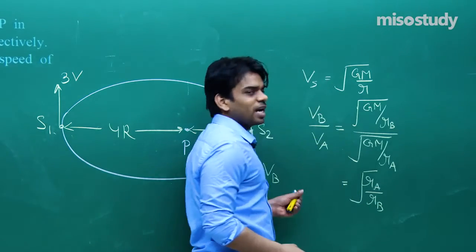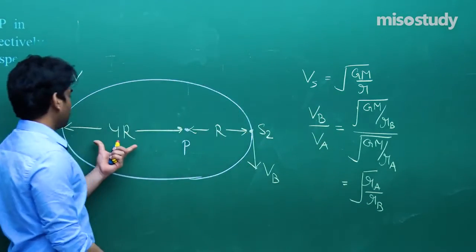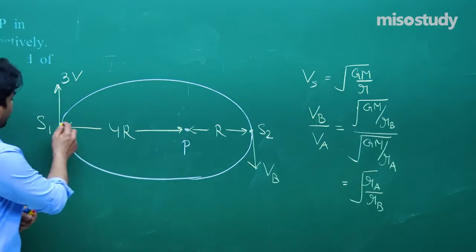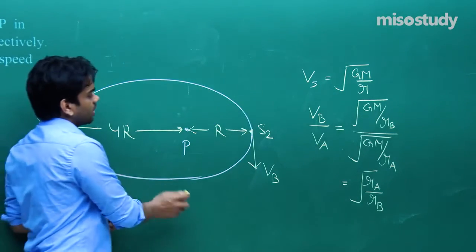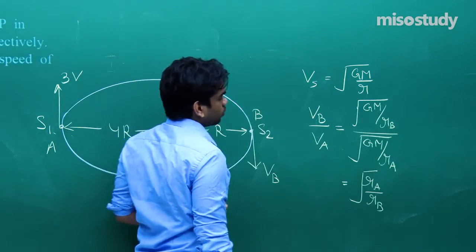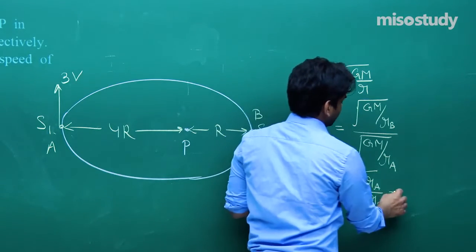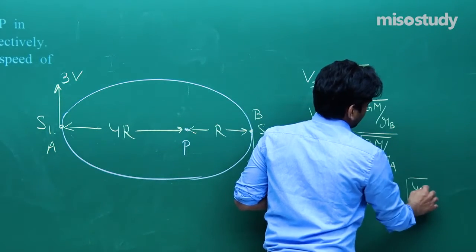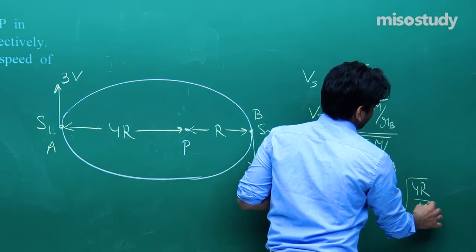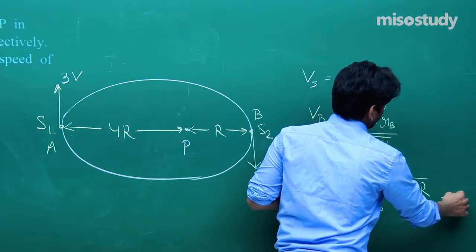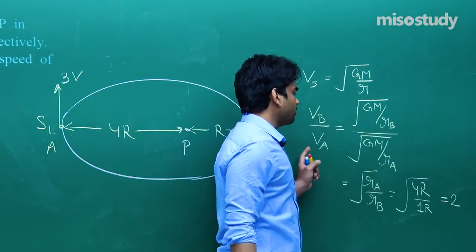And Ra by Rb, that means you have to take 4r here. This is actually satellite A. This is actually satellite B. So this is 4r by 1r, hence you will get 2. That is VB by VA equals 2.